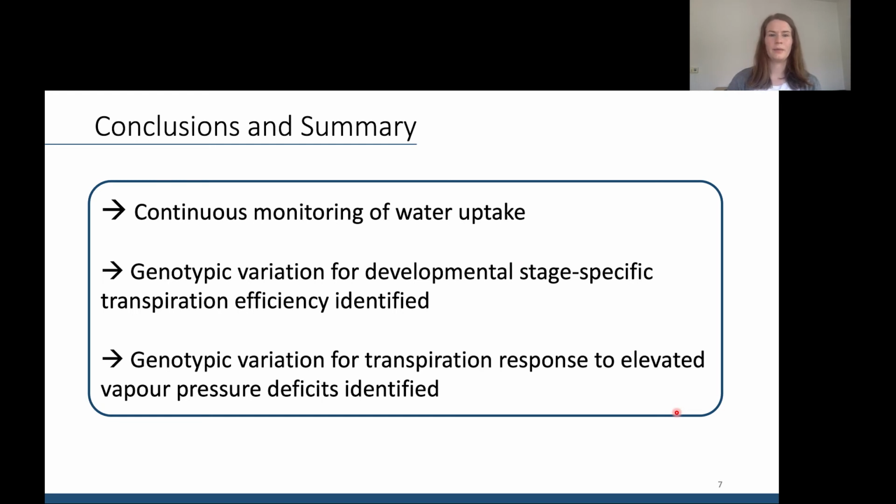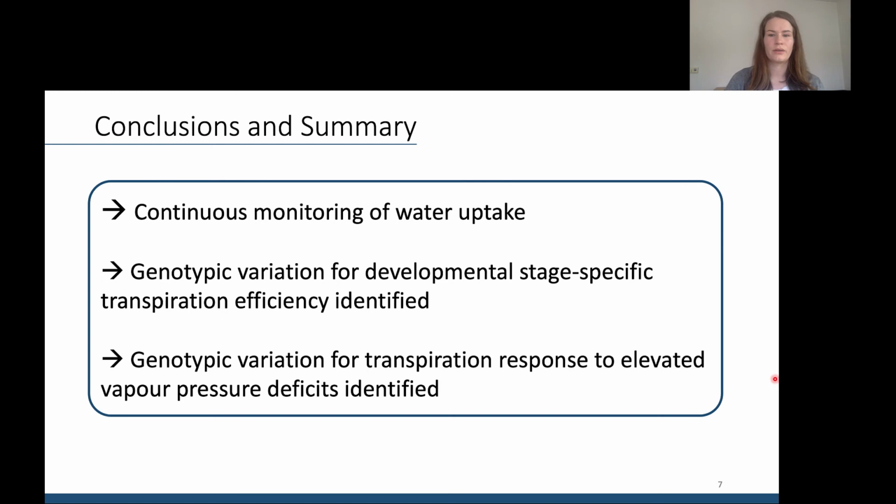So to sum this up, with our DroughtSpotter XXL setup, we were able to continuously monitor water uptake and transpiration efficiency under defined drought conditions, but still field-like conditions.